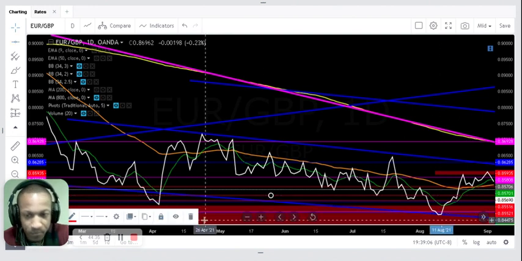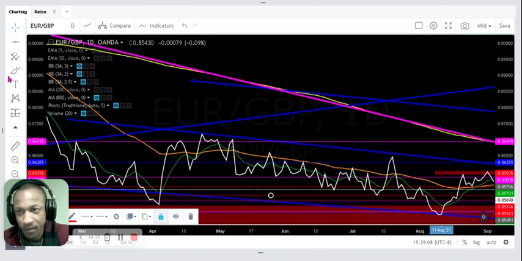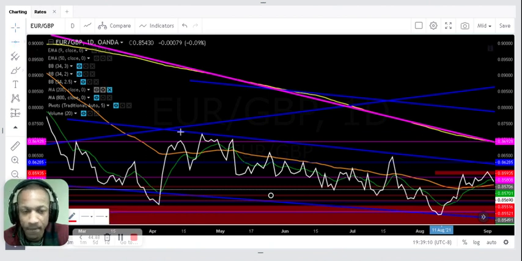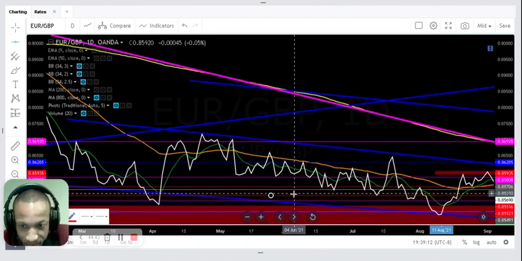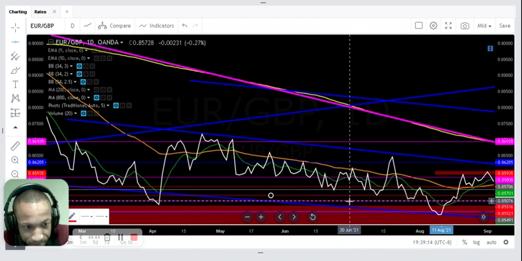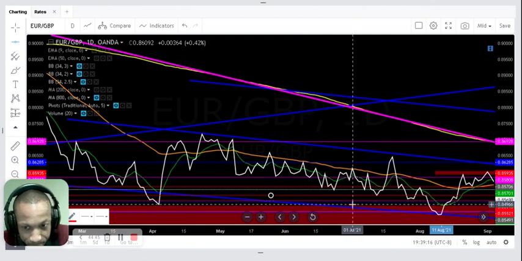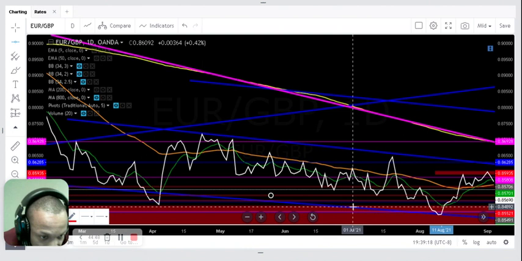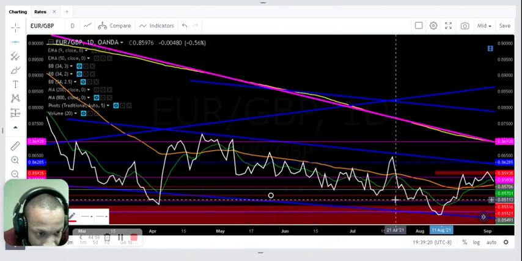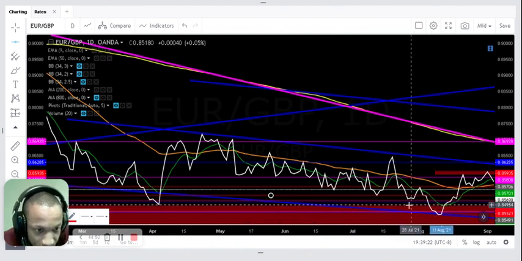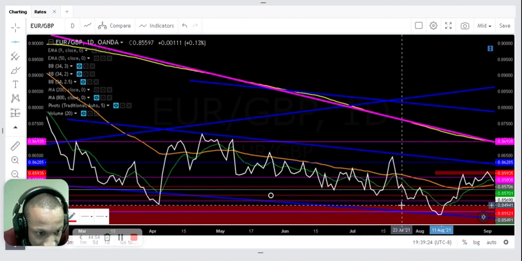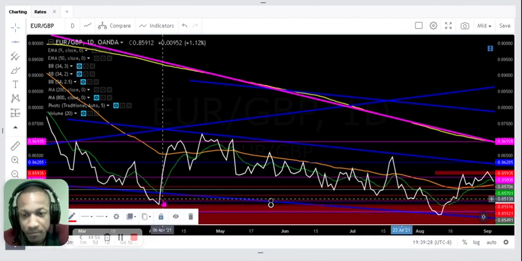Boom. Locked it. Go ahead and lock that bad boy. Oh, I think this is the area right here as well. Yeah, because price came up. Yeah, this is a structure area too. Boom.